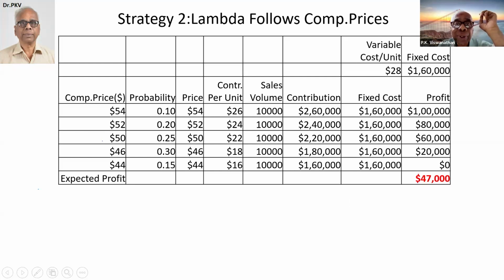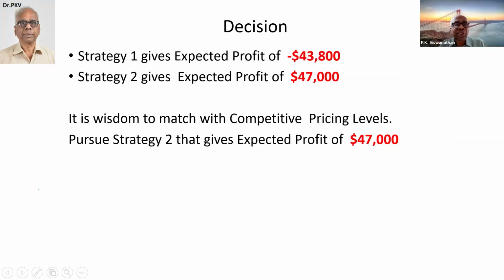Therefore, my decision: strategy 1 gives expected profit of minus $43,800 or a loss of $43,800. Strategy 2 gives expected profit of $47,000. It is wisdom to match with competitive pricing levels.